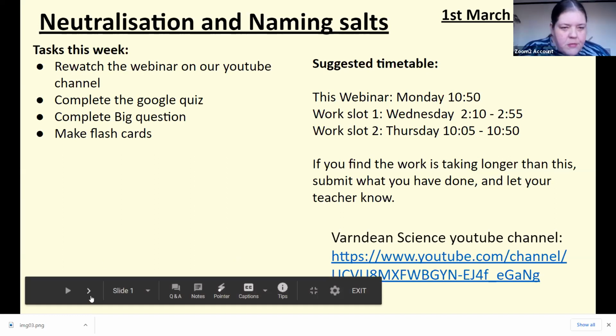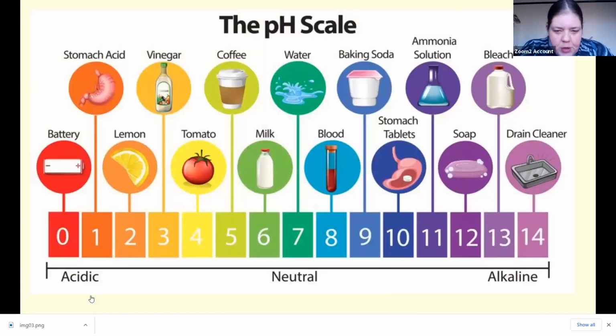Okay, awesome. So first thing I just wanted to remind you of is the pH scale, because we are talking about acids and alkalis and the reactions. And just to be very, very clear, when you're talking about your colours, neutral is always going to be the one that's green. Anything like milk here looks green, but I would call it greeny yellow. And then coffee and tomato I would call yellow, going down into oranges and then pink reds.